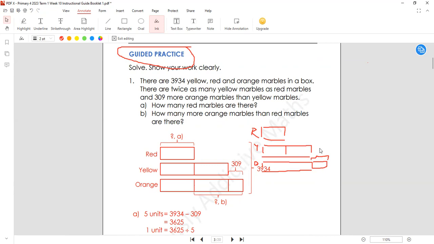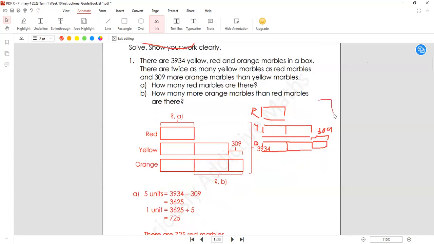Now, for bar model drawing, it is about finding the equivalent units. So therefore, this one over here and this one here are the same. The yellow portion and the red portion, this portion is the same. So we split up. So therefore, we get 5 units. And then 3934, where is 3934? The whole thing is 3934. I don't have space here, but if you're working on the blank screen, that should be quite straightforward.